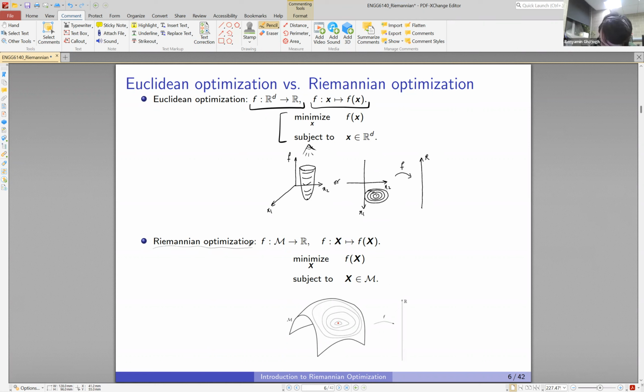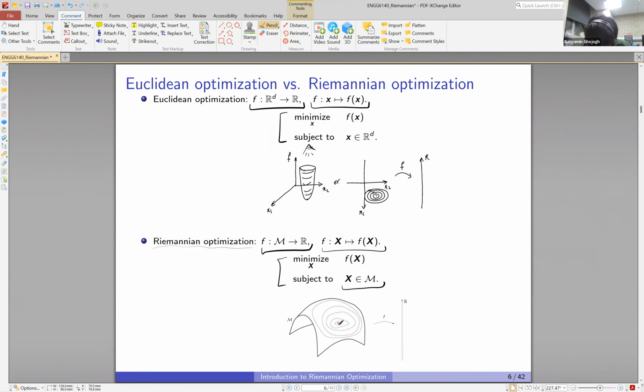In Riemannian optimization, likewise, we have a map, but from the Riemannian manifold M to a scalar, or X to F of X. We can write it as minimize F of X with respect to X, subject to X belonging to the manifold M. So we can show it like this. This is a curvy manifold M. The function value, I can show it in this way.